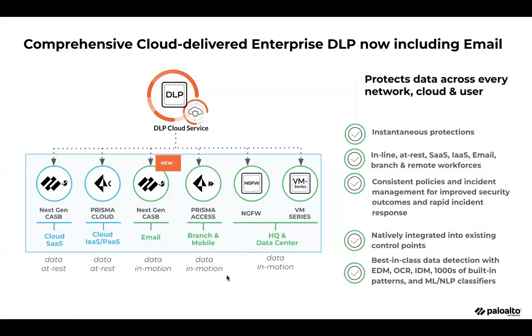So it doesn't matter which shape or form you have of your firewall. It could be Prisma Access, it could be NGFW or VM series. We support data in motion DLP in each of those vectors. So as you can see, the clean advantage that you get here is you have a single cloud service, which means one single policy vector that you can configure across the board. So if you have sensitivity around PII, you can just configure once and use it everywhere across any of these channels.